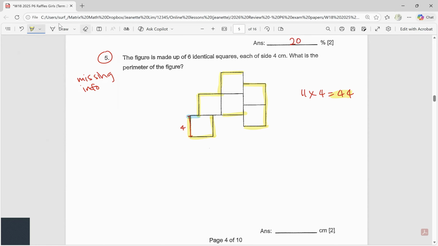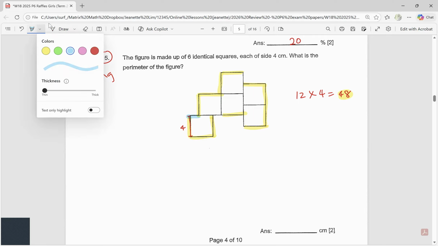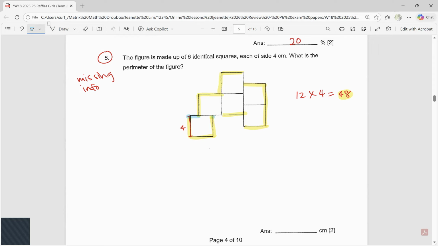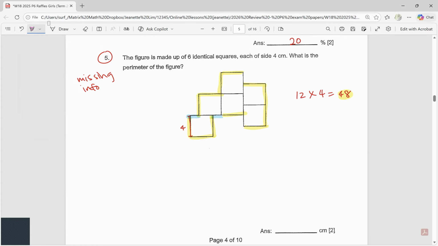Okay, it should be 12. So 48 will be all those in yellow. Then we have the missing lines, which is this and this, the two blue ones. Then we also have this part here and this part here.